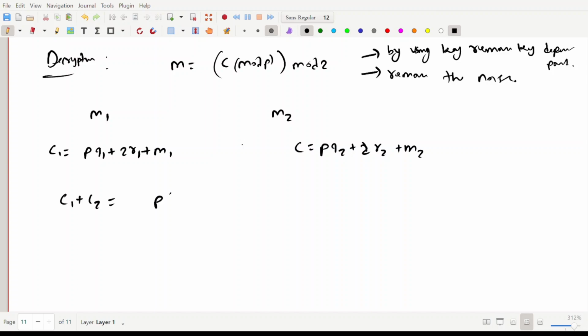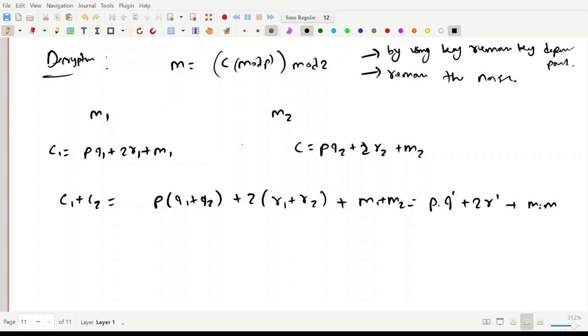I will be getting P into (Q1 plus Q2) plus 2 into (R1 plus R2) plus M1 plus M2, which is equal to P into some other Q dash plus 2 into some R dash plus M1 plus M2. This is an encryption of the addition of M1 and M2, correct? I am just adding the ciphertexts and getting the encryption of the addition of messages. This is perfect.